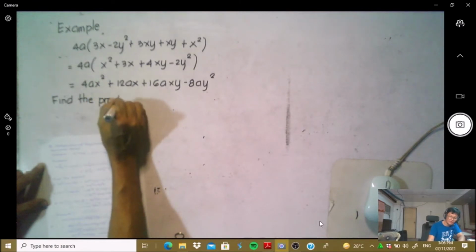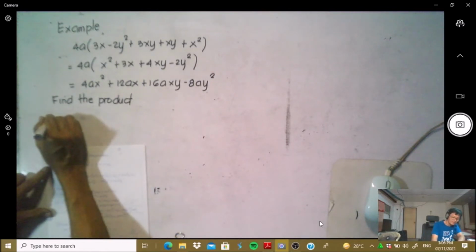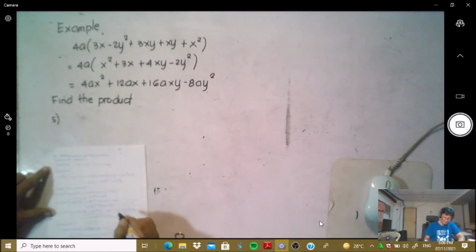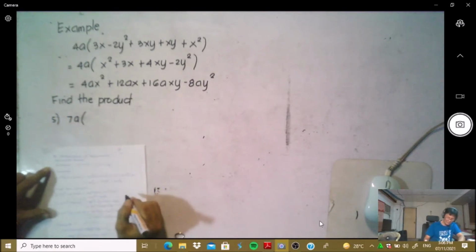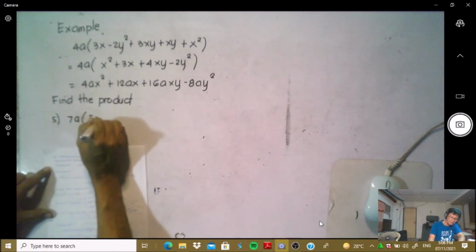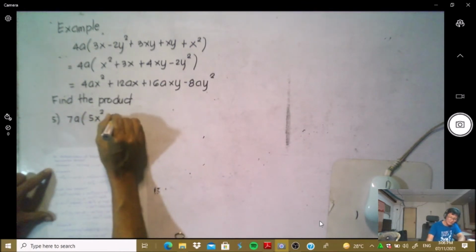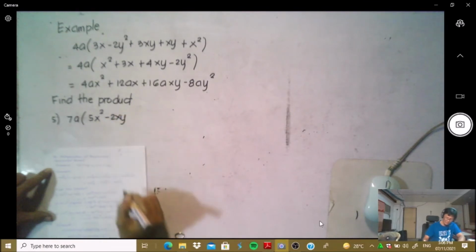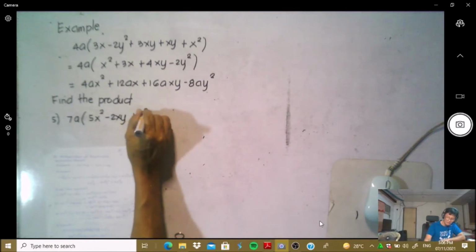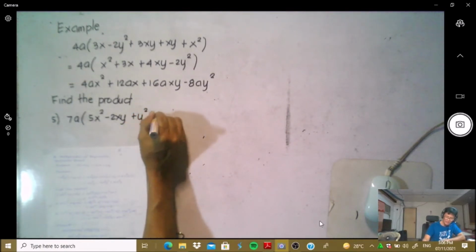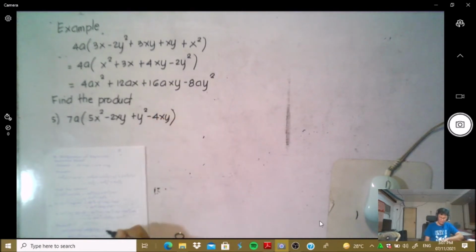For number 5, we have 7a multiplied by 5x squared minus 2xy plus y squared minus 4xy. So we have to combine first the xy.